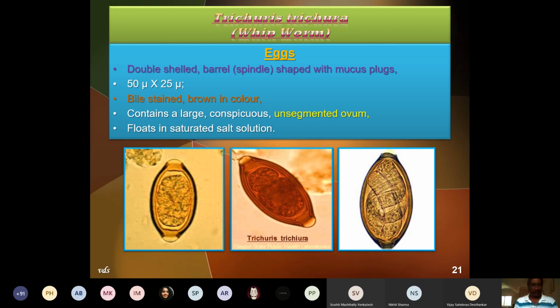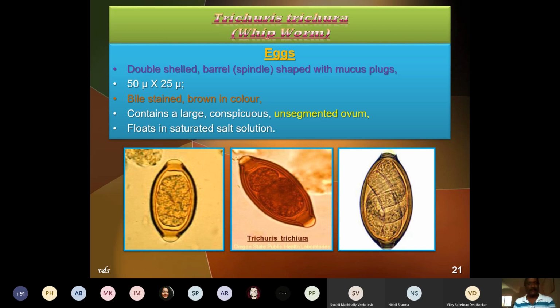When they are liberated, they are in an immature form and the ovum is compact. Later on, it undergoes maturation in the soil or water. The inner ovum starts dividing, getting converted into the larval form, and ultimately gives rise to the third figure, the larval form, called the embryonated egg.